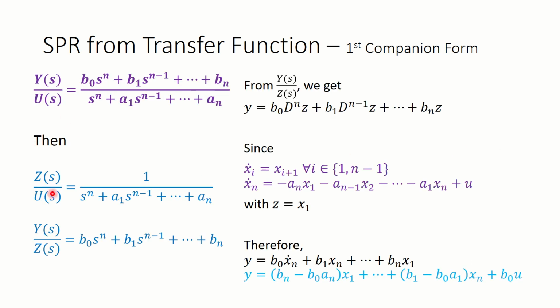So we include this zero. We have to deal with Y(s) by Z(s). Already we know what z is, from this particular transfer function we have figured it out. Now with that same z, we are trying to see what y is, because y will simply be b0 dn z plus b1 dn minus 1 z plus dot dot dot plus bn z.